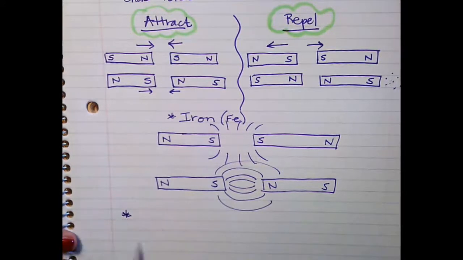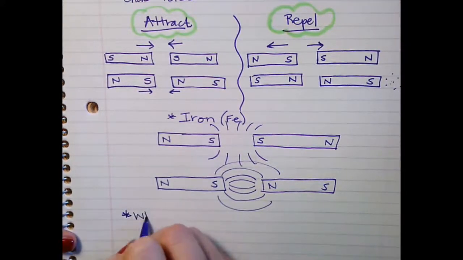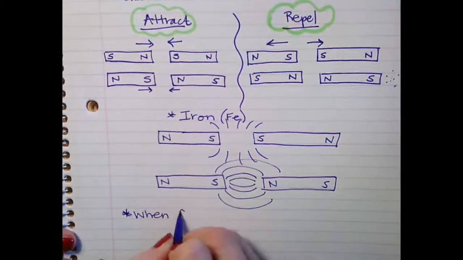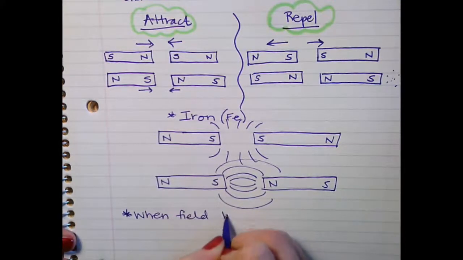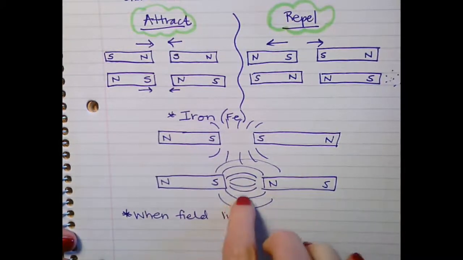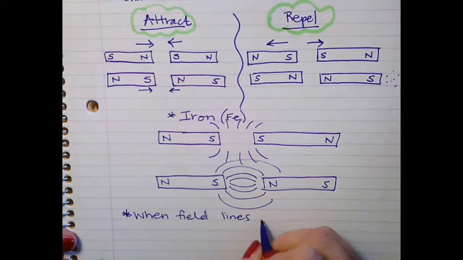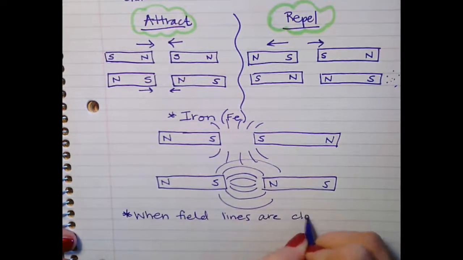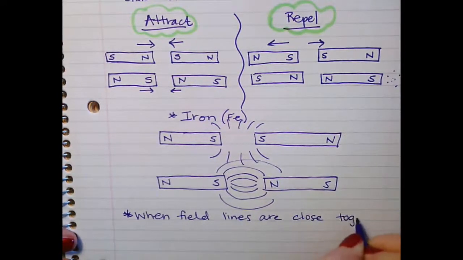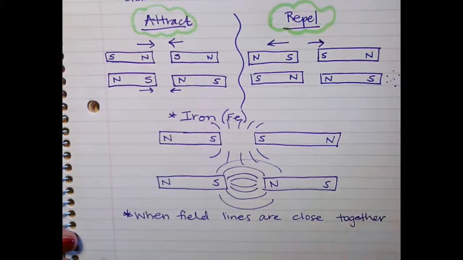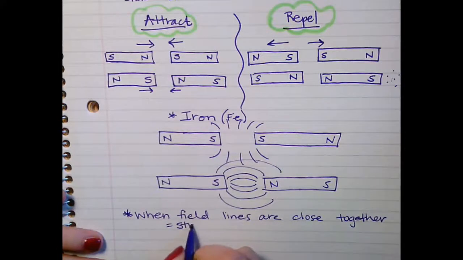Now, some side notes to consider is that when the field lines, which are these right here, are close together, that means that it's a strong magnetic field.